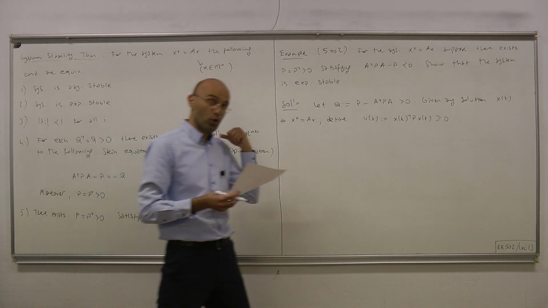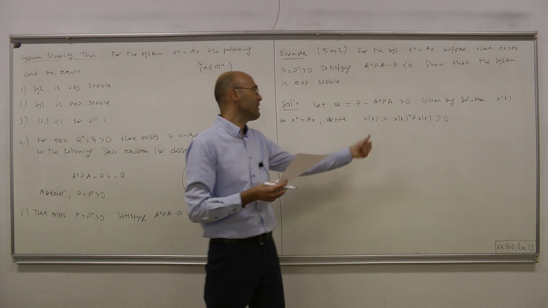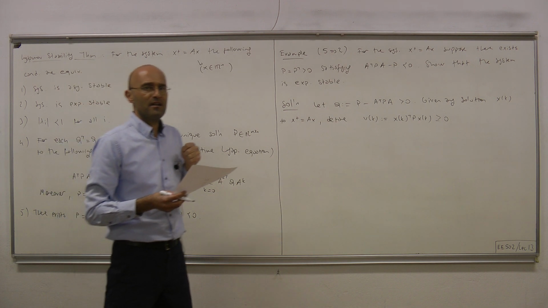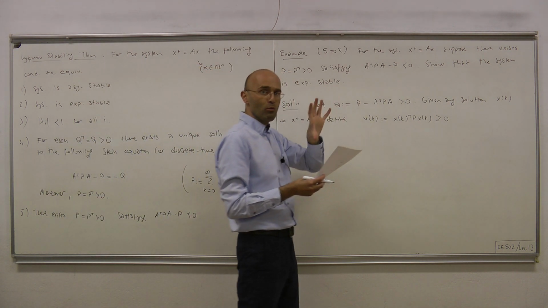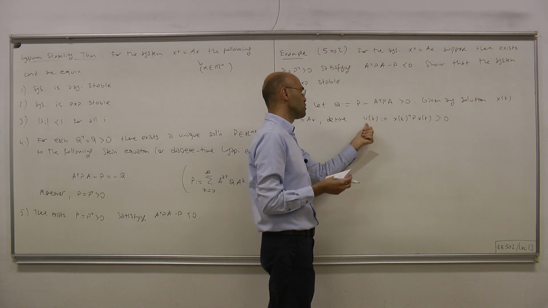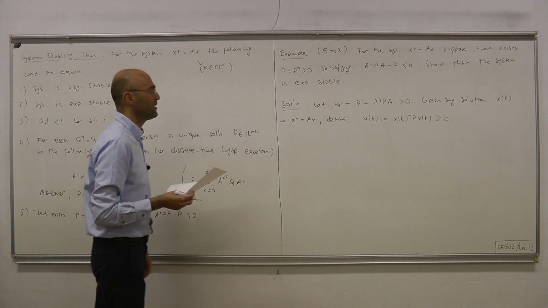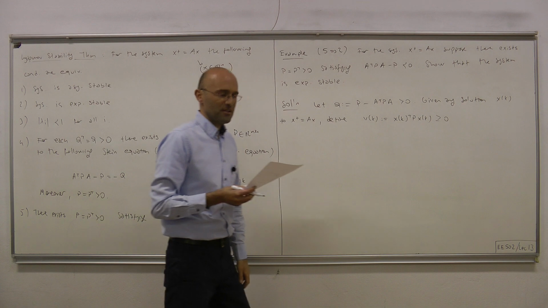And then what we did in continuous time is we differentiated this with respect to time and evaluated v dot, and we showed that v dot was negative. Okay. Now we're going to do almost the same thing. In continuous time, we differentiated this function v, and now we're going to differentiate it in the discrete time sense.